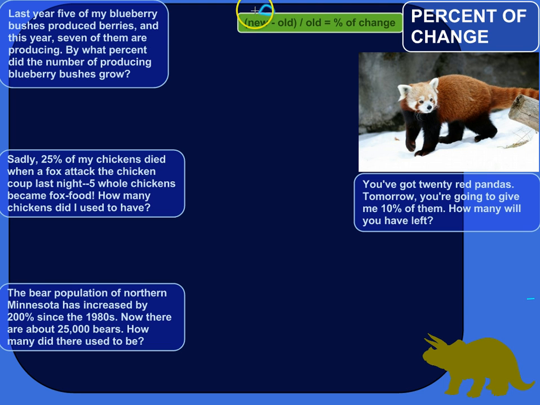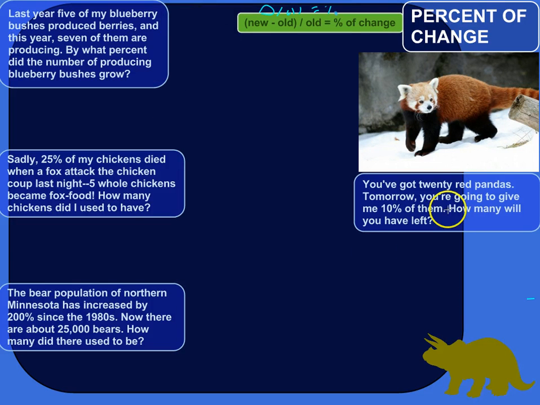If it's gone up by two, the amount of change would be two, divided by what the number used to be, the old. That is the percent of change. Need to pay attention to whether it's an increase or a decrease, a positive change or a negative change.